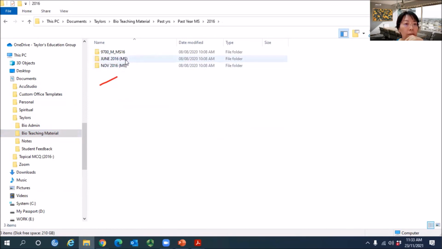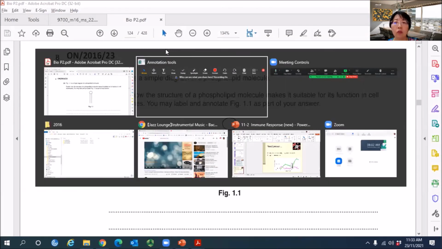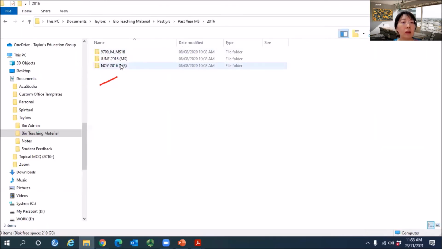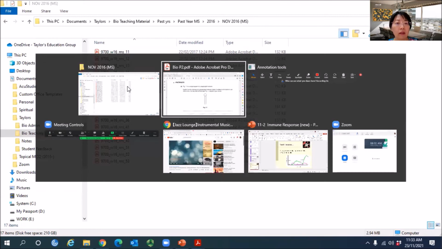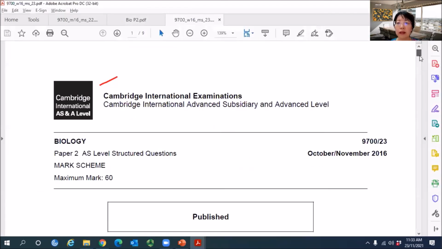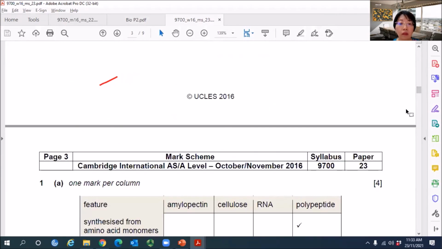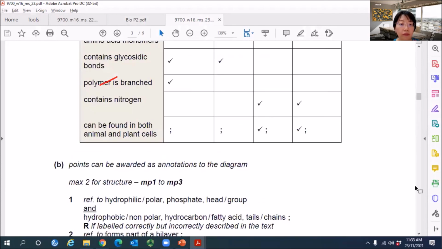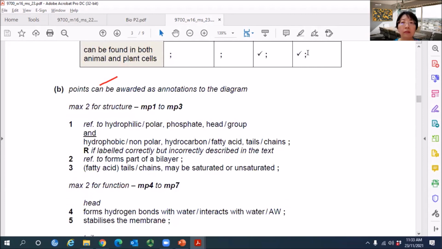October, November, paper 23, correct? Yeah, correct. Is this one here? Yeah, I think it's this one here.